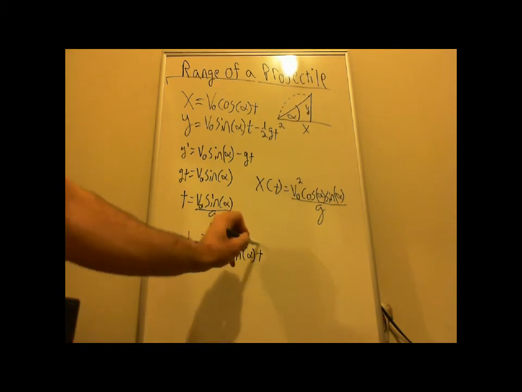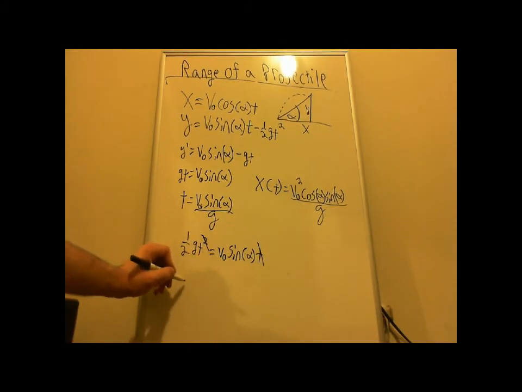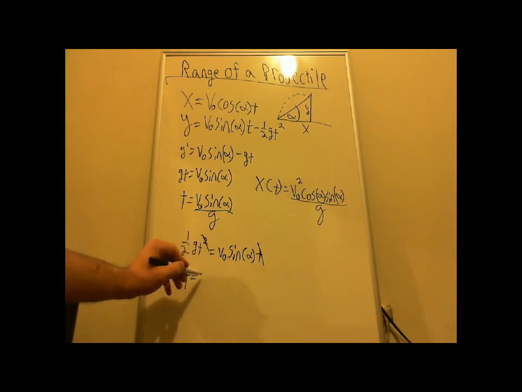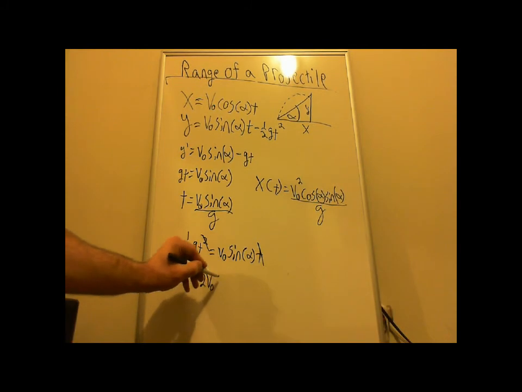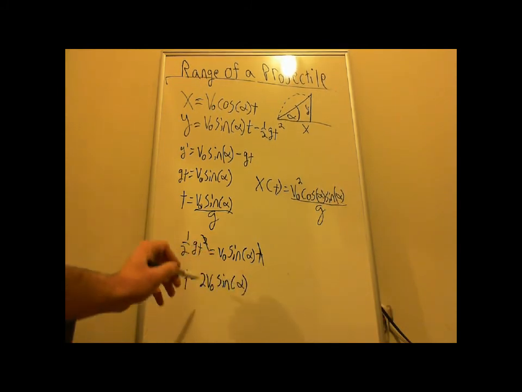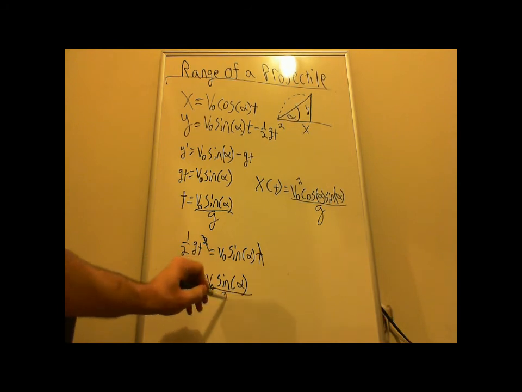And we can cancel these out, and you end up getting that the time is equal to 2v naught sine of alpha, divided by gravity.